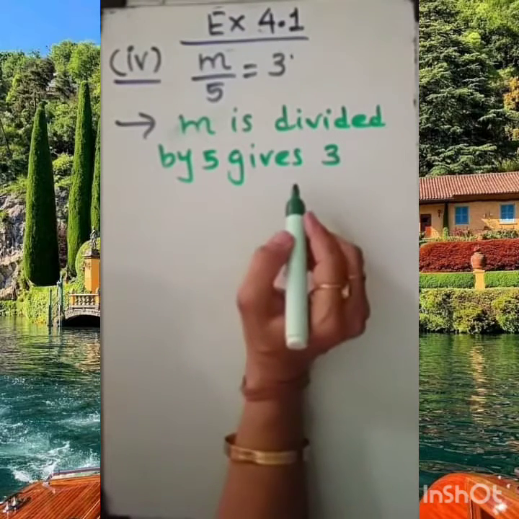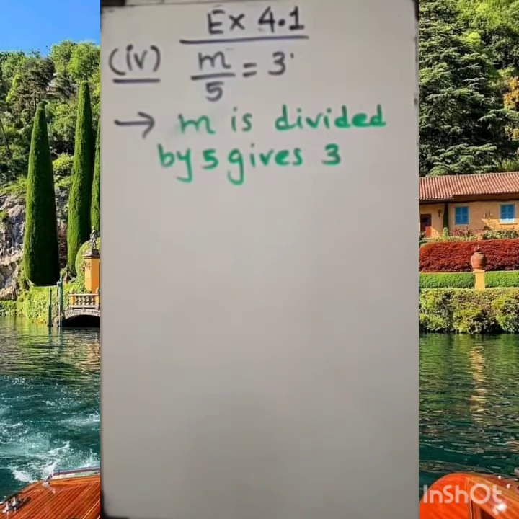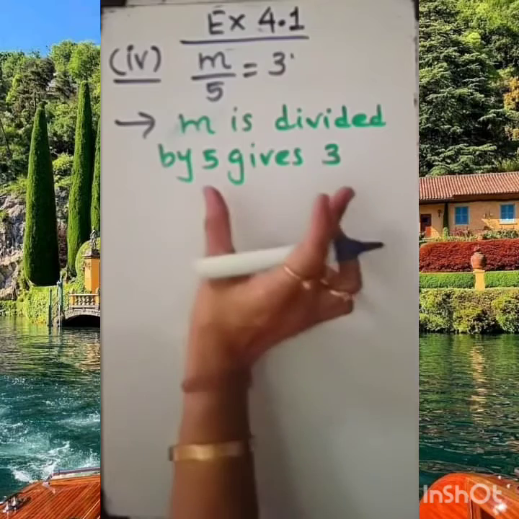It is m divided by 5 in my book. If it is m divided by 7, you need to mention m is divided by 7. Whatever is given according to the question, you can change.